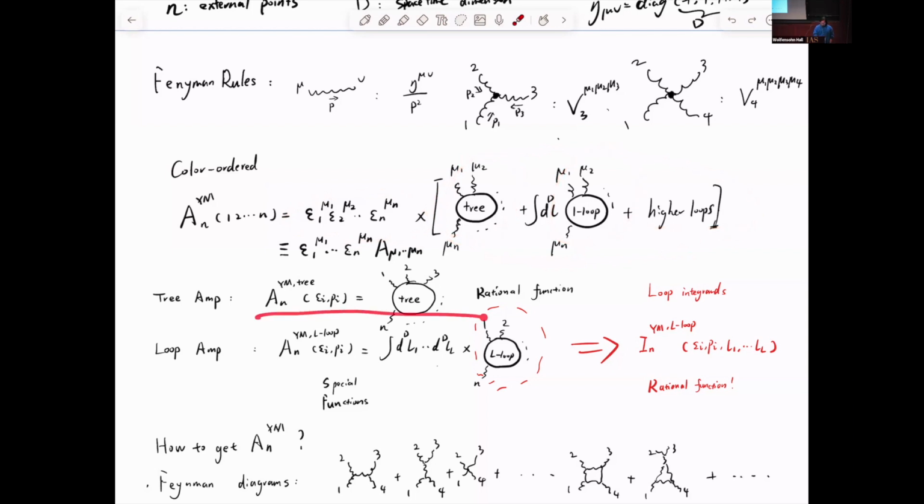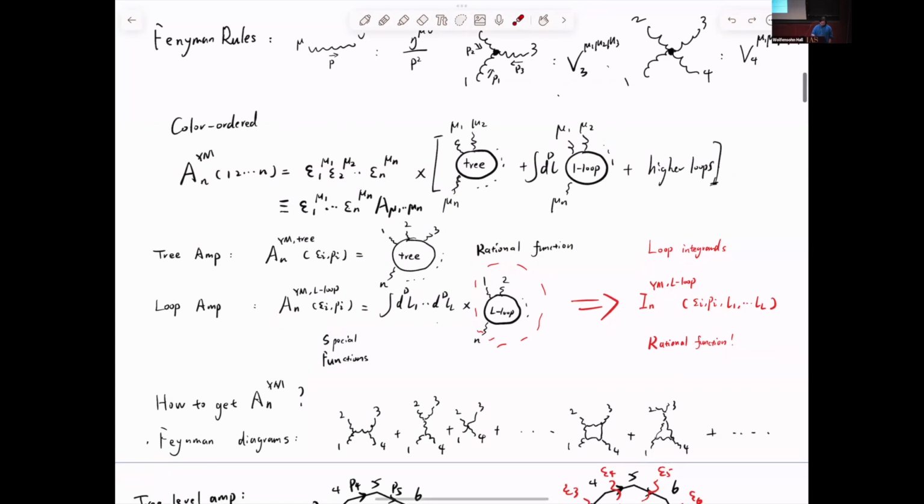The tree amplitude is just a rational function, and the usual L-loop amplitude is an integral giving hard special functions. So we focus on the loop integrands. Those integrands are rational functions, so it is very simple for us to study.